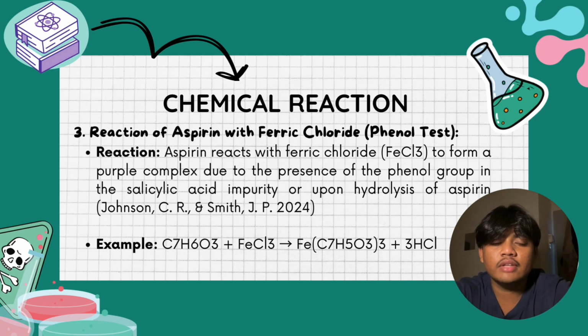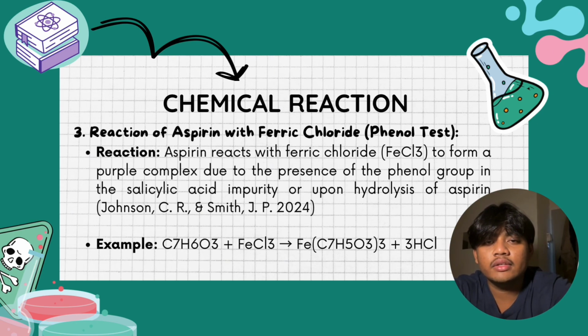And the reaction example is C7H6O3 plus FeCl3, and the product is Fe(C7H5O3)3 plus 3HCl. So here salicylic acid reacts with ferric chloride to form a ferric salicylate complex and hydrochloric acid.